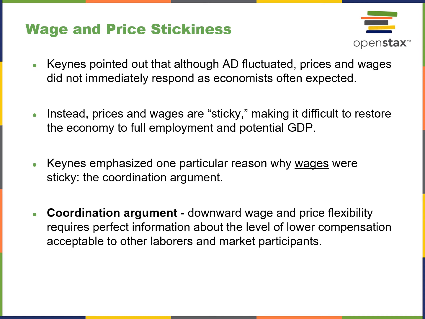Coordination argument: downward wage and price flexibility requires perfect information, which we almost never have, about the level of lower compensation acceptable to other laborers and market participants.